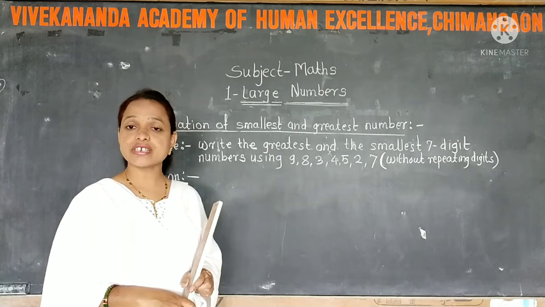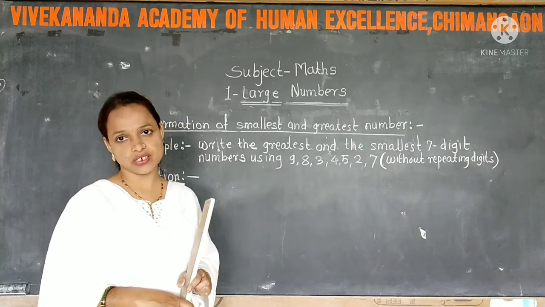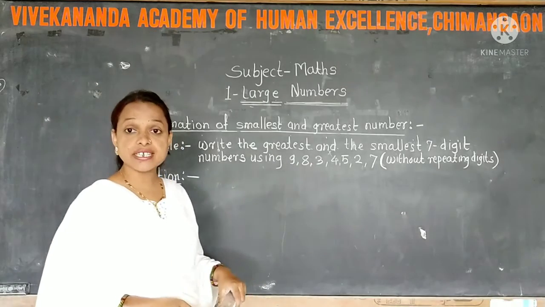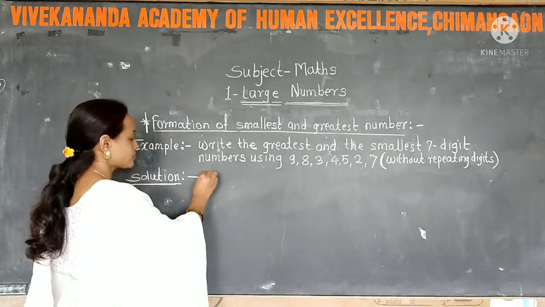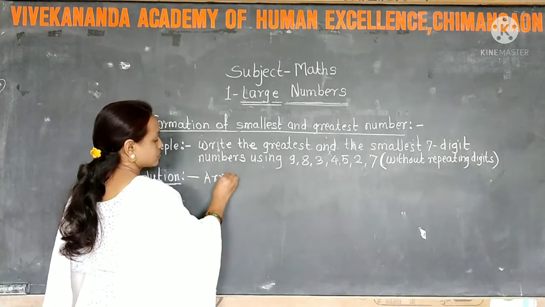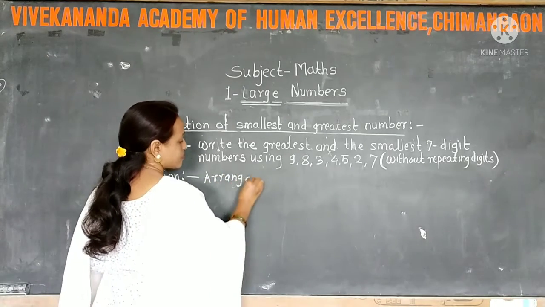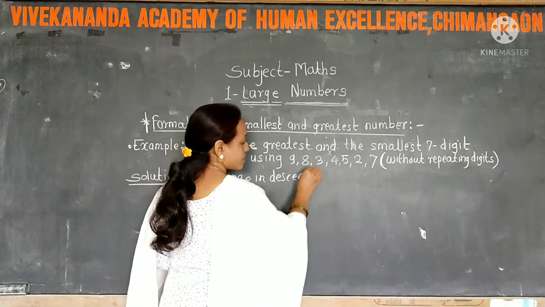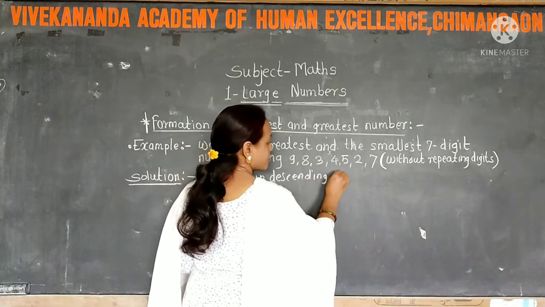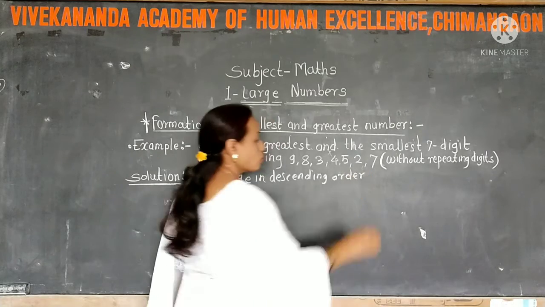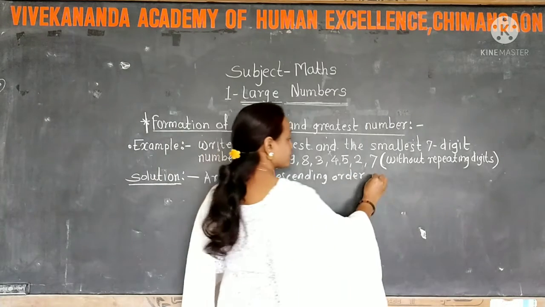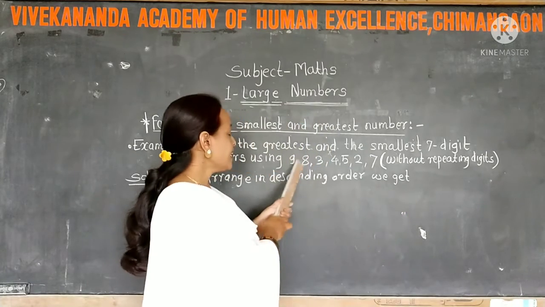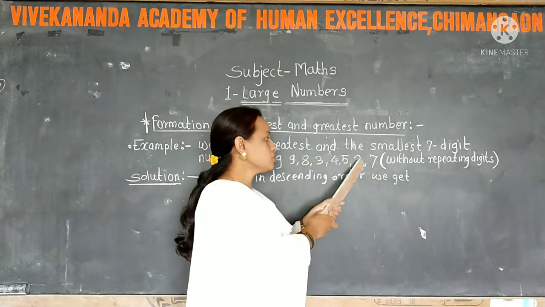We have seen just now that to write the greatest number by using given digits, we arrange the given digits in descending order. So the digits are 9, 8, 3, 4, 5, 2, 7.